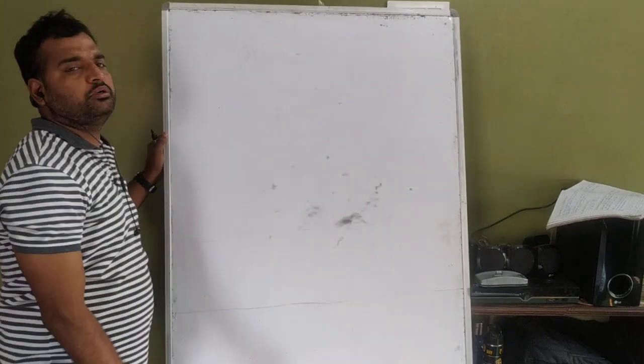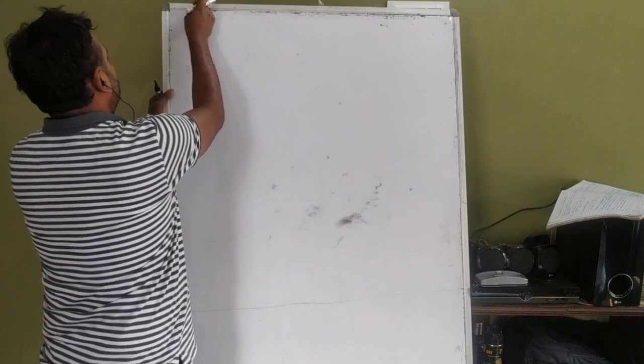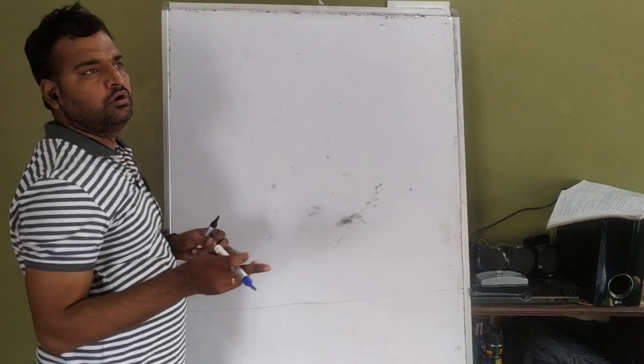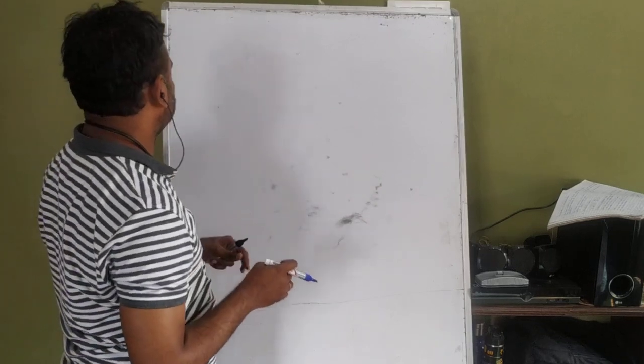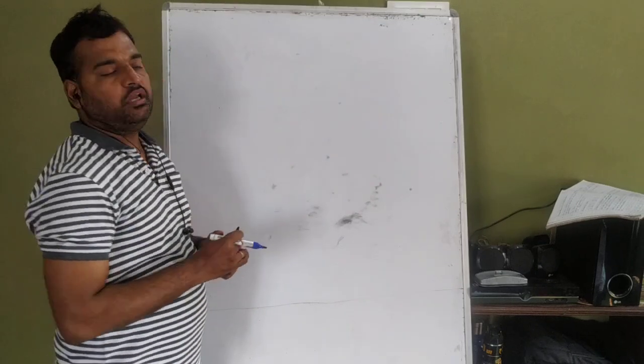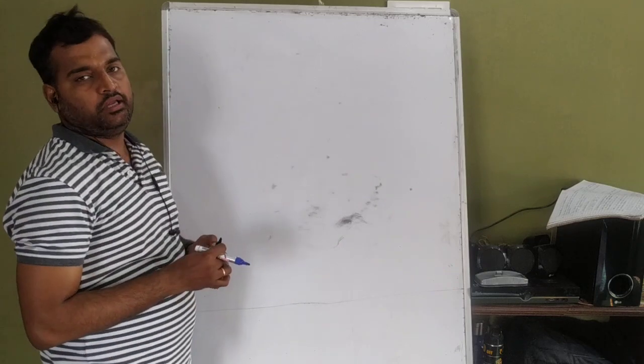The commutative law may or may not hold between two matrices, but it follows the associative law and the identity law: A into I equals I into A, which equals A.